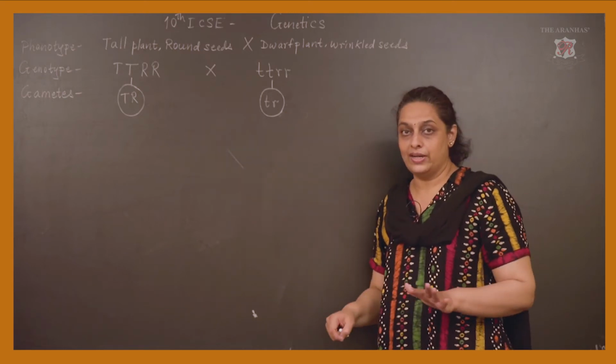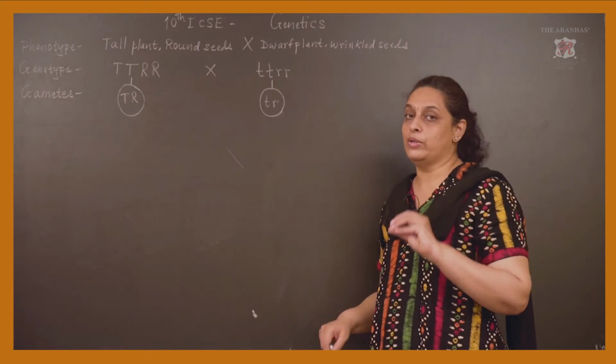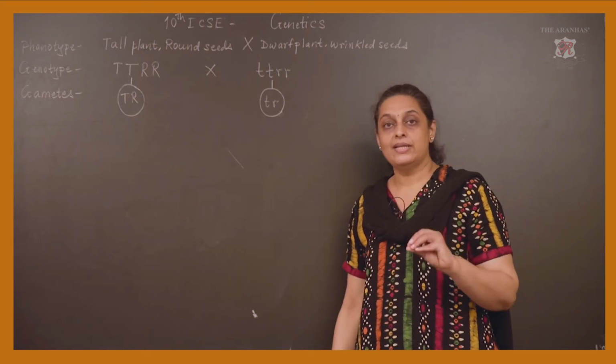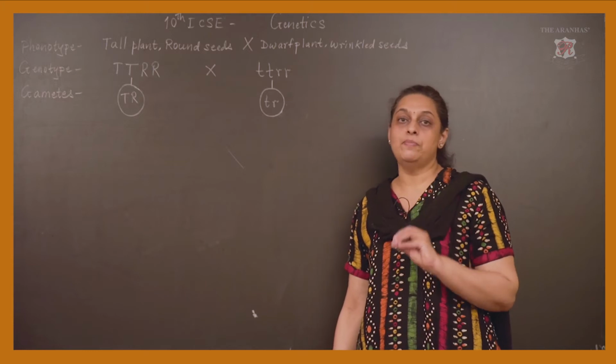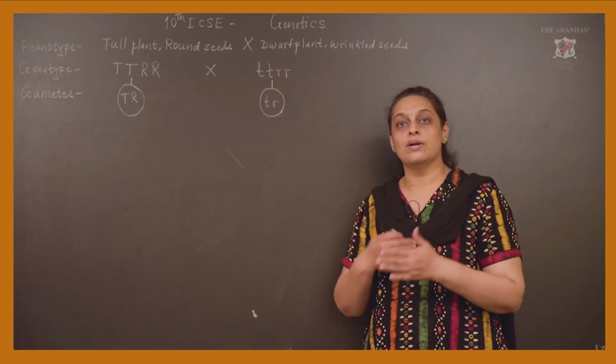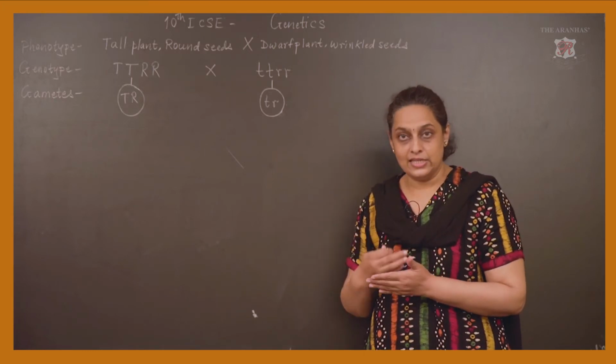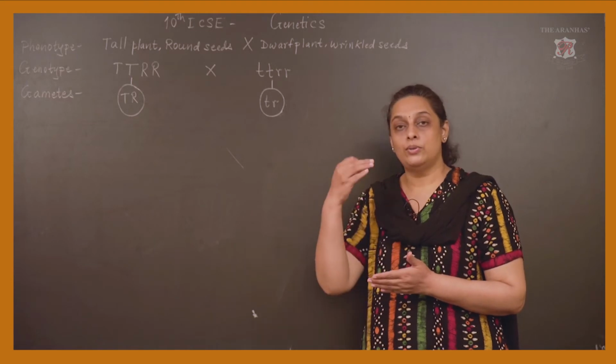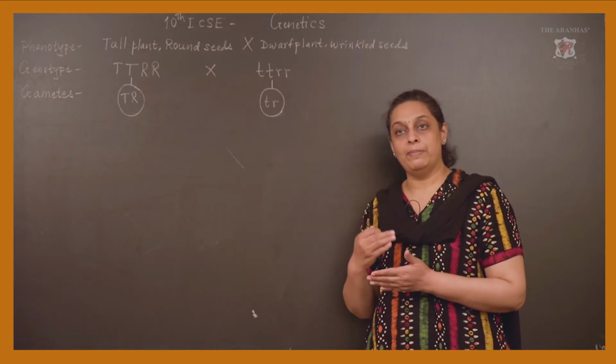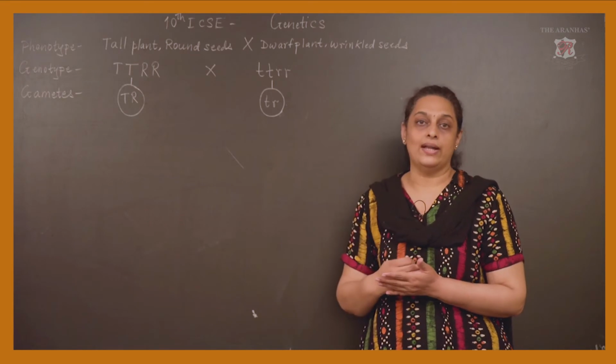Okay, it is not difficult, the only thing is you have to remember that gametes have only 50% genetic material if you compare with the parents. That is why from the 2 alleles present in the parent, the gamete will have only 1.